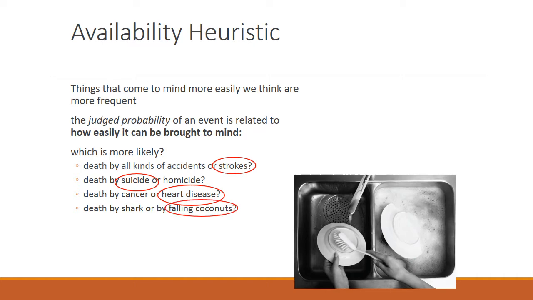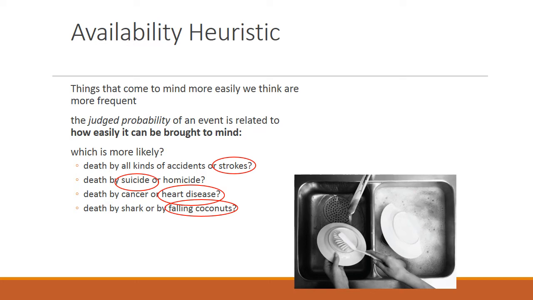So the idea with all of these different examples is that it's probably easier for you to think about hearing about deaths from accidents, or homicide deaths, or sad cancer stories on the news perhaps, because you can think of these more readily than thinking of someone who died of a stroke or died of heart disease, for example, so you think they happen more often.